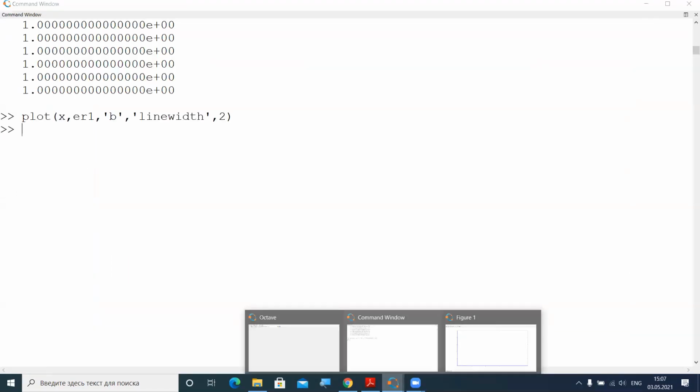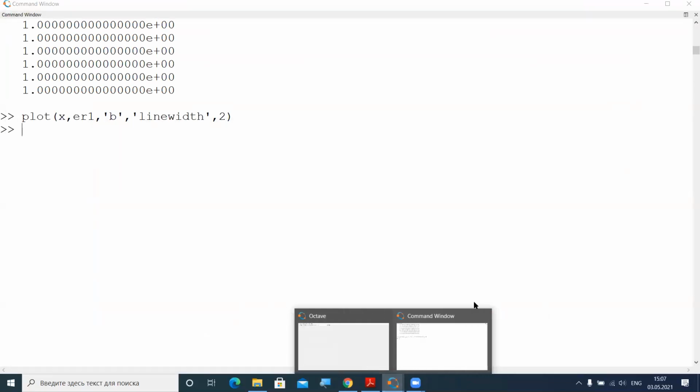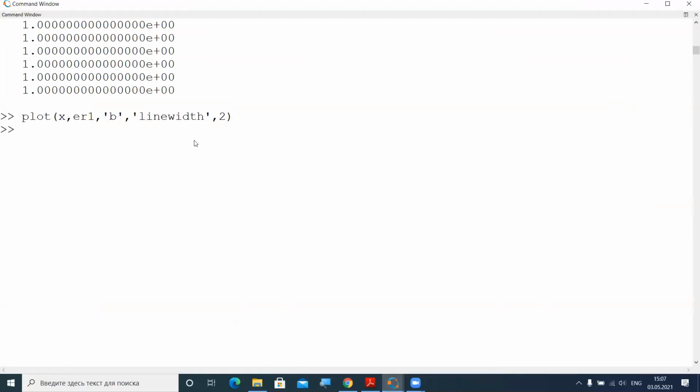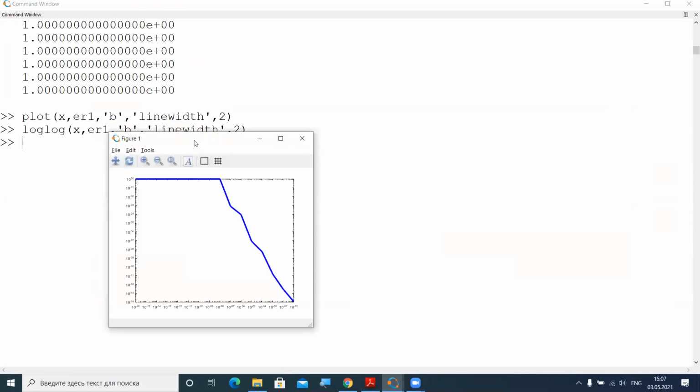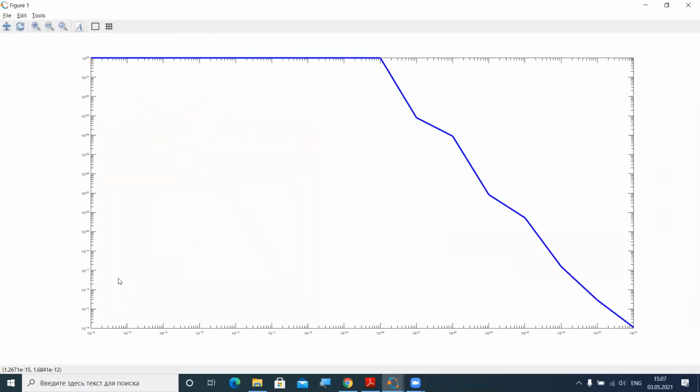And now let's do it in log. The same work, but here let's change plot with log, logarithmic scale in both axes. Now let's check it, and you can see another graph here. Now our scale is from 10 to the power of -1 till 10 to the power of -16. This is the x-axis, and this is the axis for error.